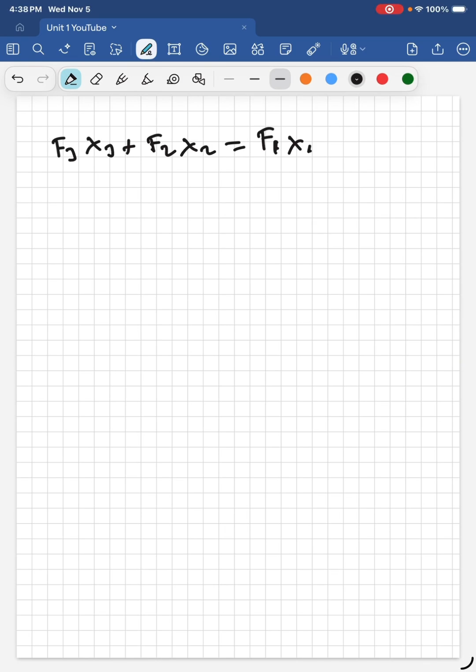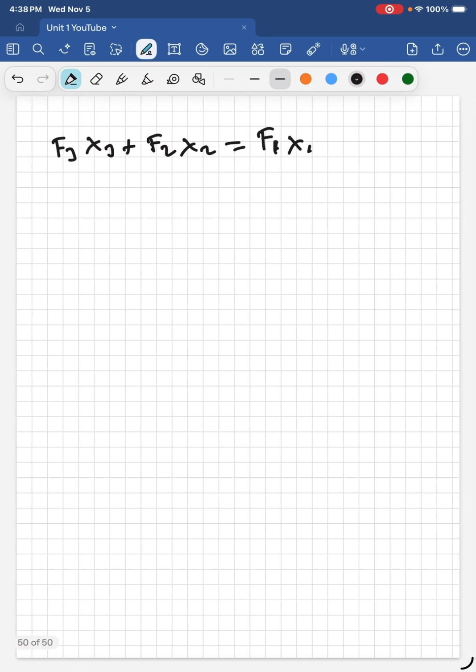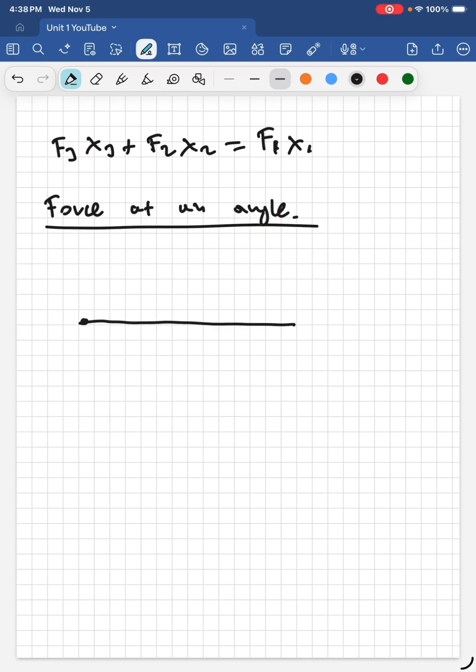Is there anything else I want to talk about when we discuss moments? Another thing is what happens when we have a force at an angle. So let's say we have again a pivot, and the force actually looks like this, and maybe they give you this angle as theta.